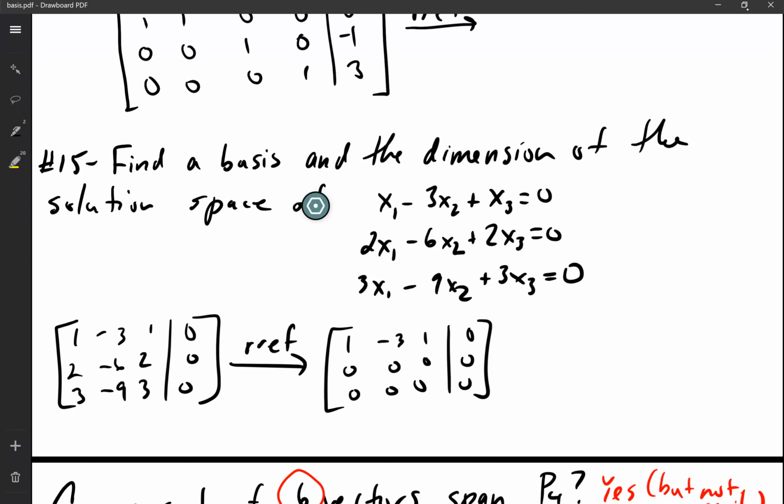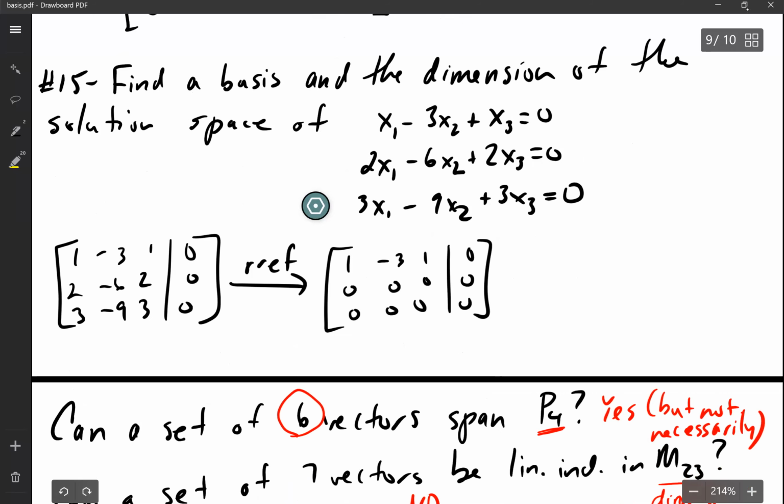Okay, so we know that we can write our solutions. Well, our x2 will be s, our x3 will be t, and our x1 will be 3s minus t.